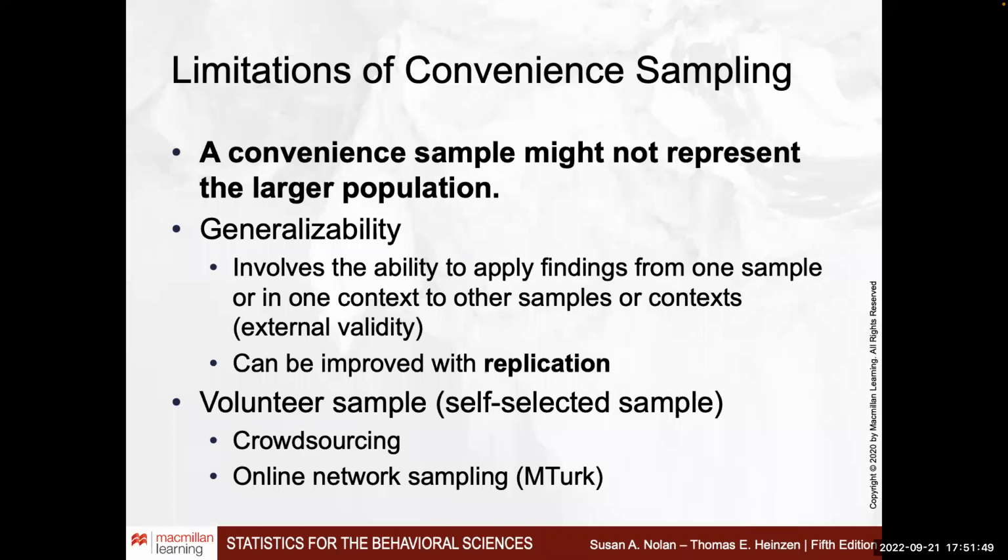A convenient sample might not represent the larger population. As said, it usually doesn't capture the extremes. So you will always have a deviation from population means and the distribution of the population. What's important in this context is generalizability. And generalizability is the technical term for exactly this representativeness. And so there are ways how you can formally study that.